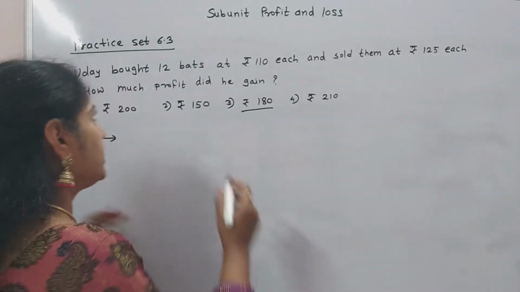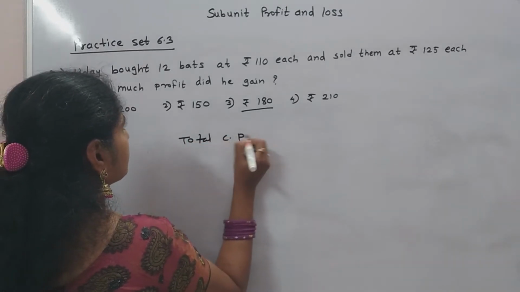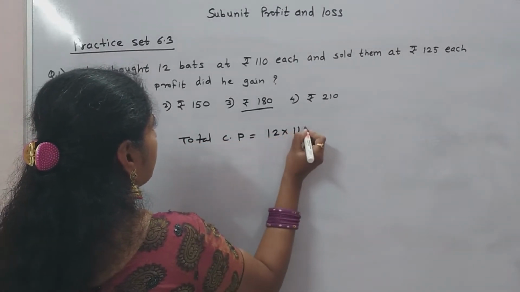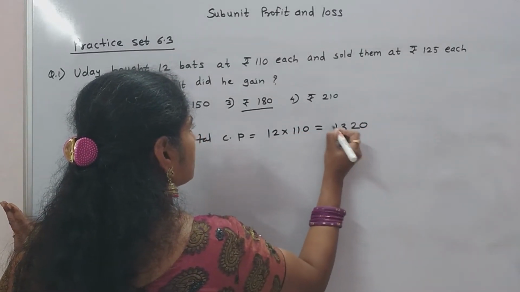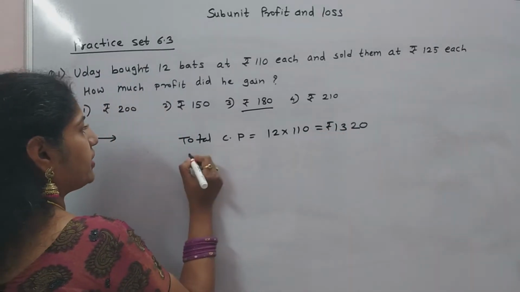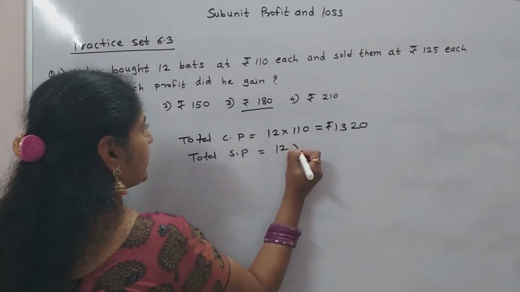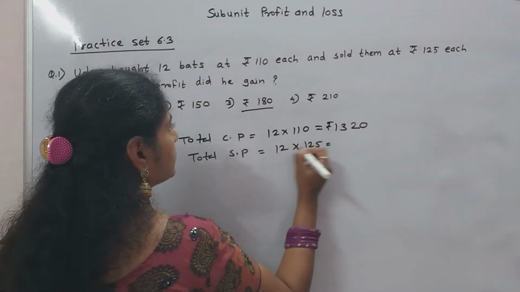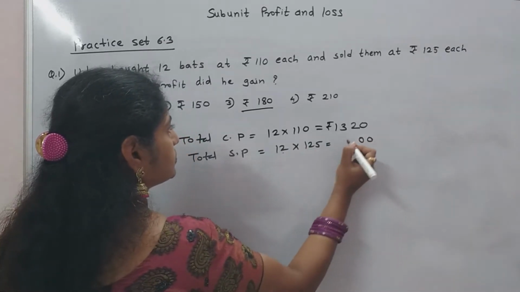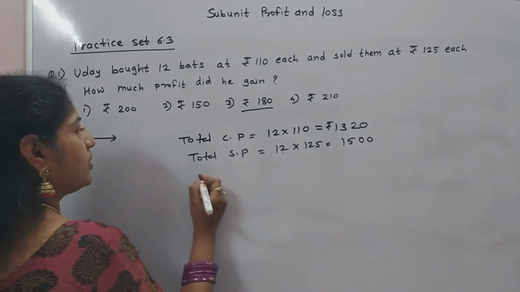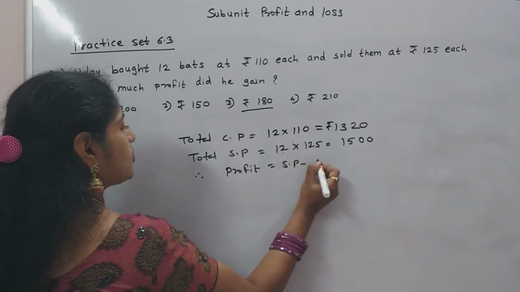Some people do it another way. Total cost price, 12 into 110, 1320. Total selling price of 12 bats, 12 into 125, and profit equals selling price minus cost price.